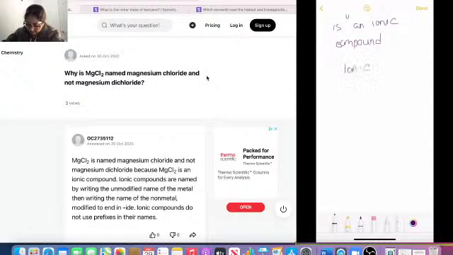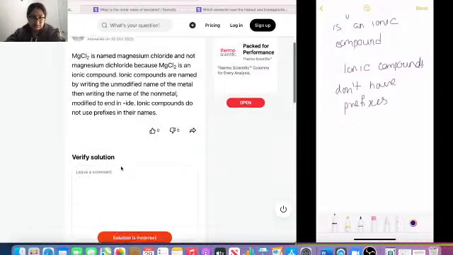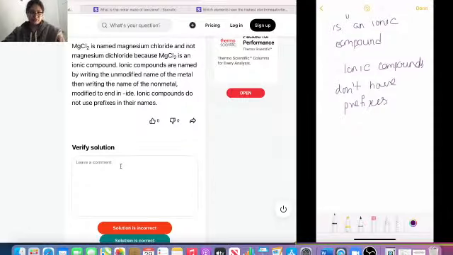Ionic compounds don't have prefixes. This is what they're saying: the metal, then the name of the non-metal. Yes, so this is correct.